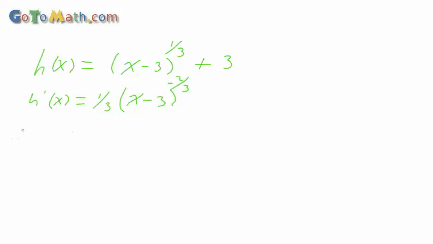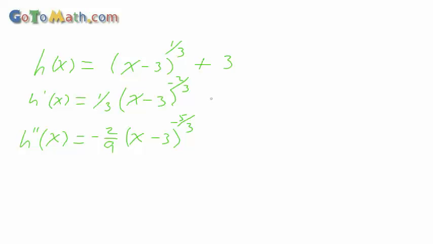Okay, and then we have h double prime of x is equal to, bring the negative 2/3 out, so we'd have negative 2/9 times x minus 3 raised to the negative 5/3.